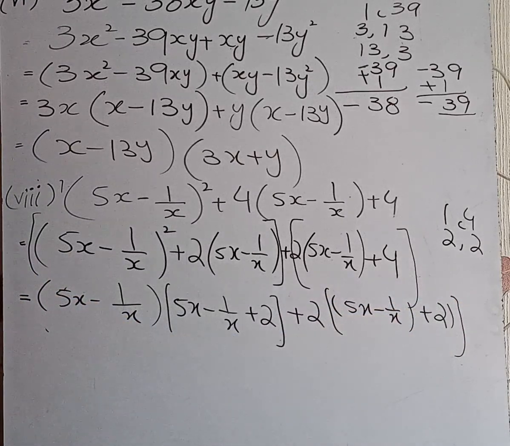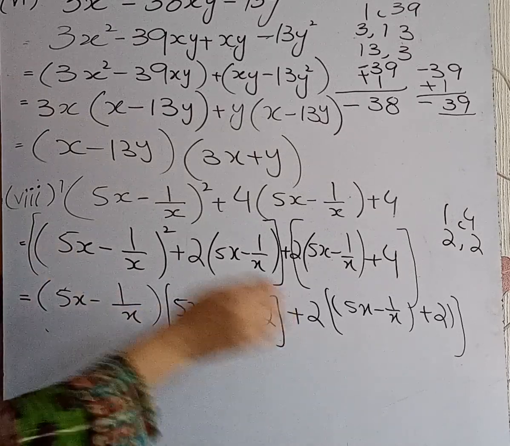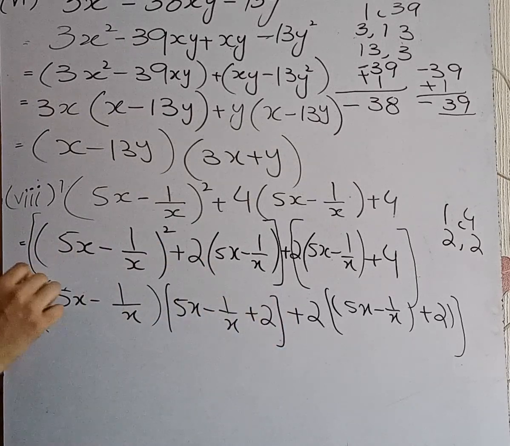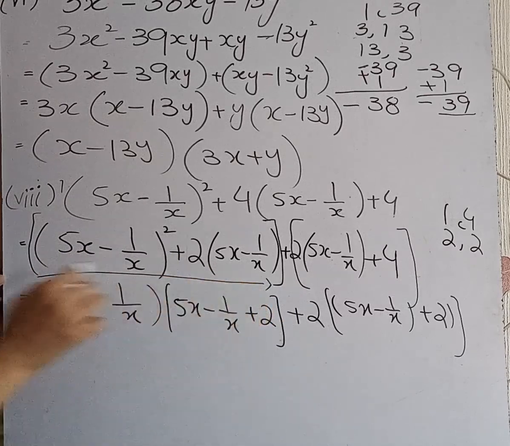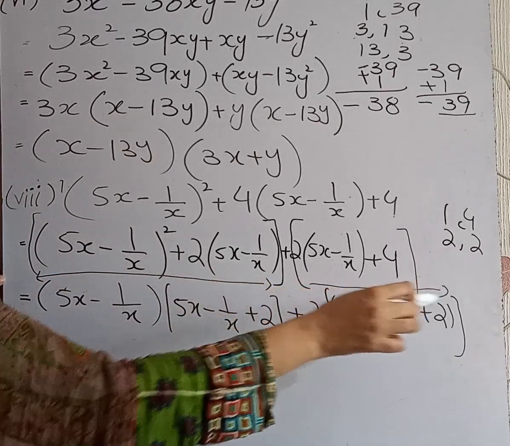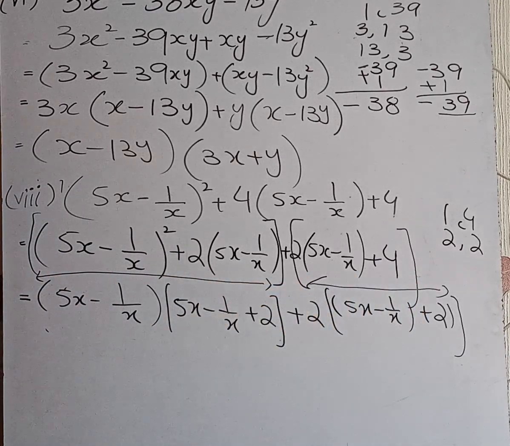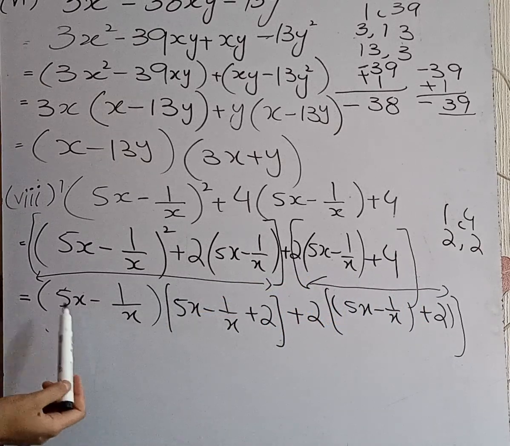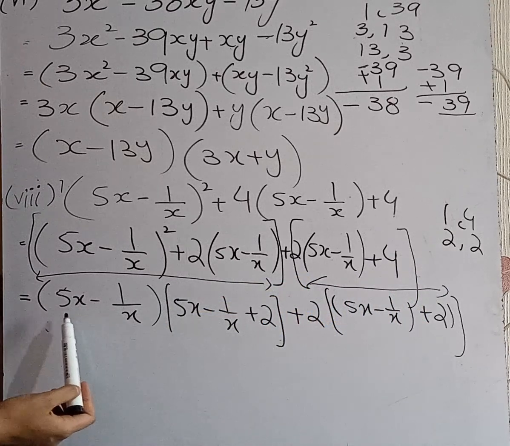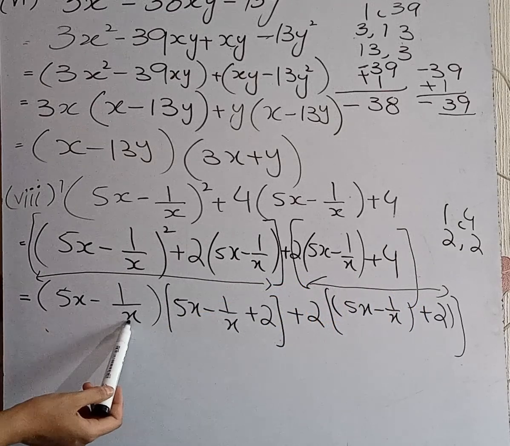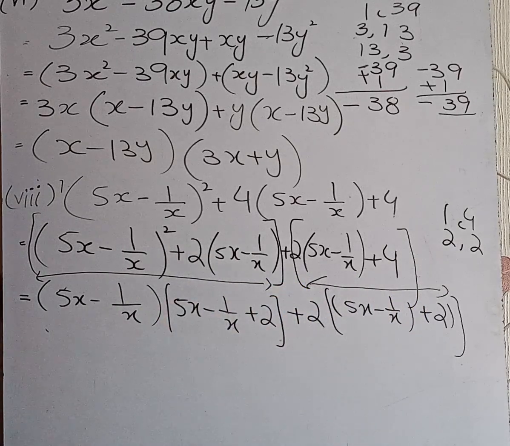Okay, you can see from here that from both these expressions over here, now what is the common? This is the first one and this is the second one. The common expression from both these is 5x minus 1 over 5x, and here is also 5x minus 1 over 5x.